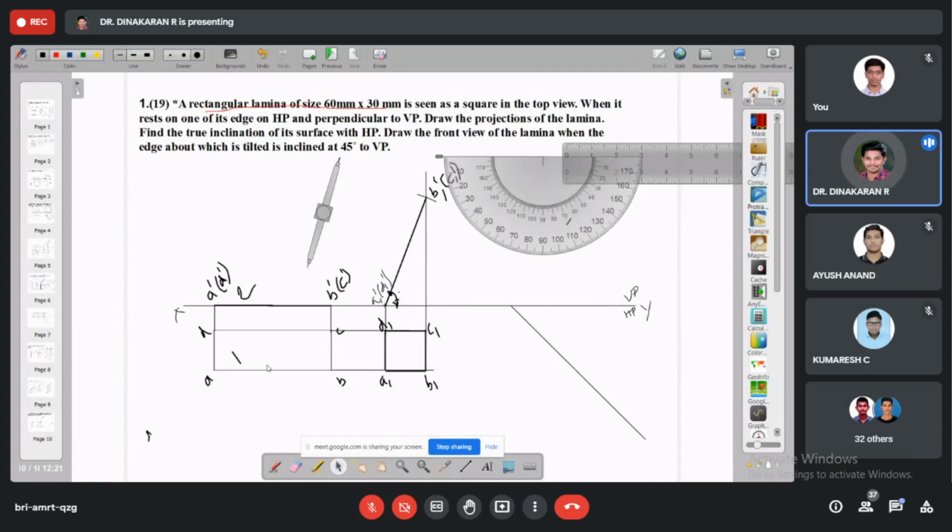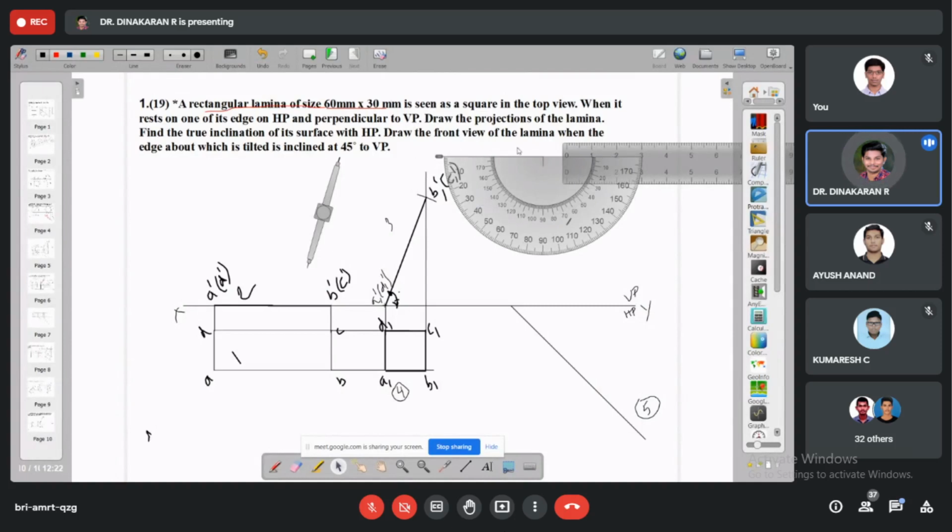We need to transfer this fourth step, as this is the third one and this is the fourth one. This is the fifth step we need to draw. For the fifth step, we need to duplicate the fourth one. Yes, we need to transfer it on this 45 degree line.